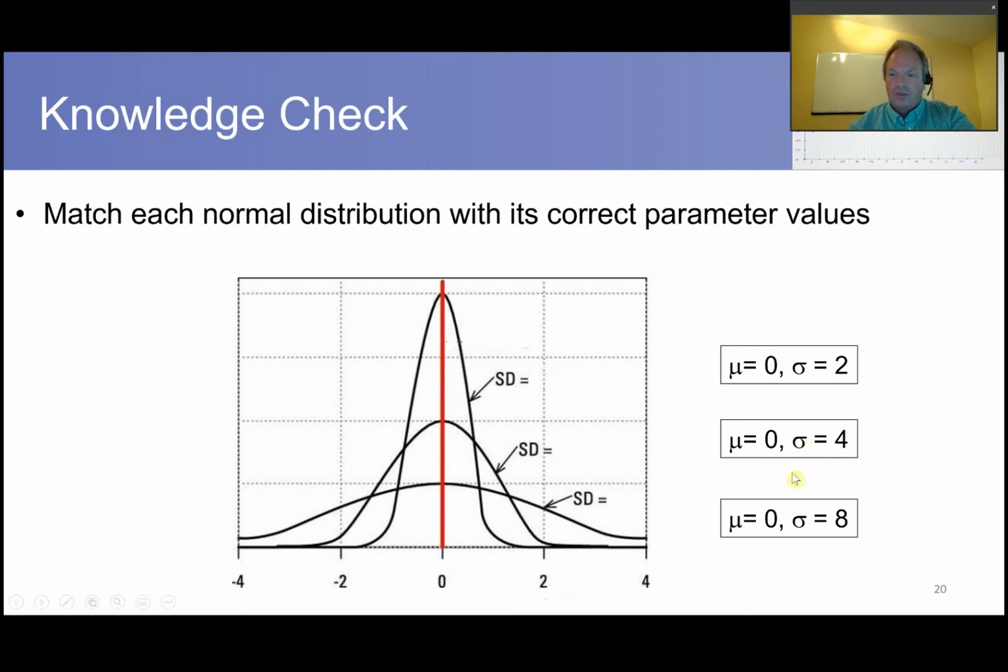This width is 4, and this width is characterized by a length of 8. The bigger the standard deviation is, the wider, the fatter the curve is. So the thinnest curve is this top curve right here, characterized as having a standard deviation of 2. The second curve is a little wider because its standard deviation is larger. And finally, this last curve is the widest, so it has the largest standard deviation.